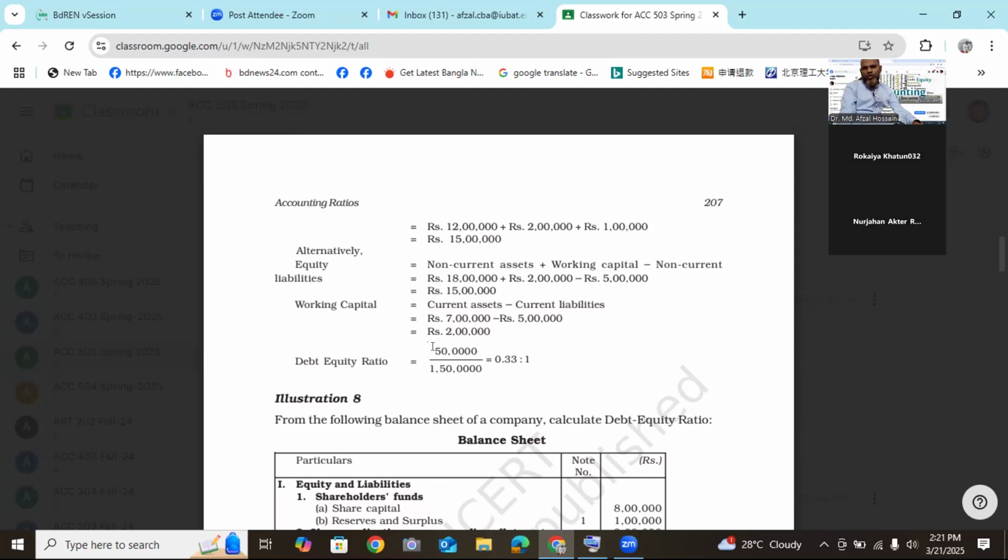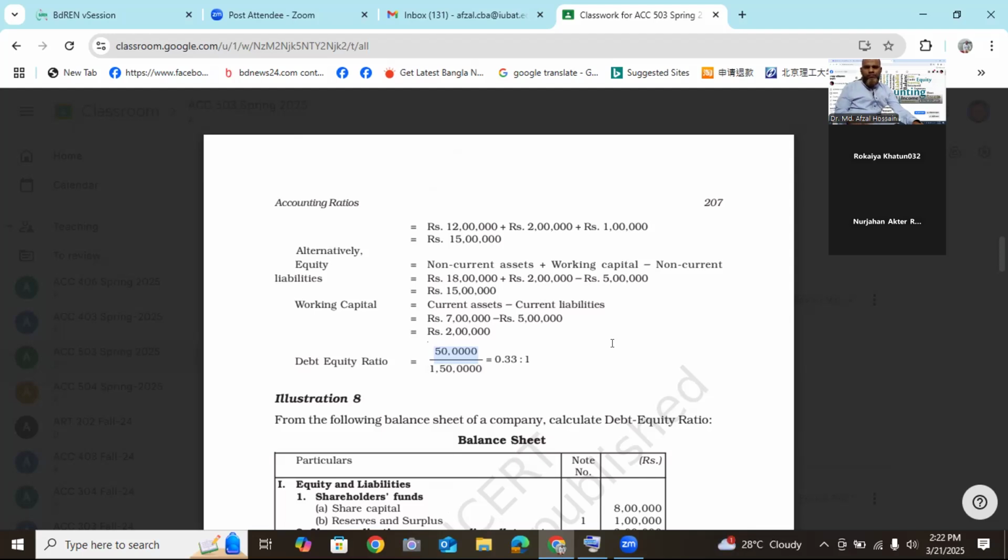So this is your long-term debt, that means external liability, and this is your equity, that means internal. This is external financing, this is internal financing. Your internal financing, that means equity, is almost 3 times higher than your external finance, isn't it?